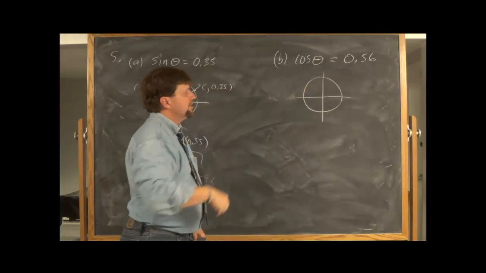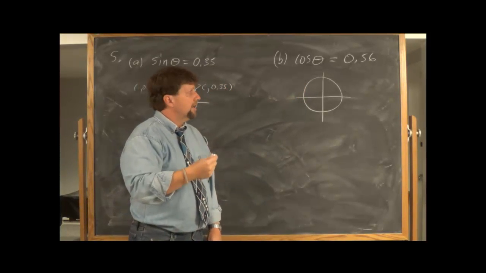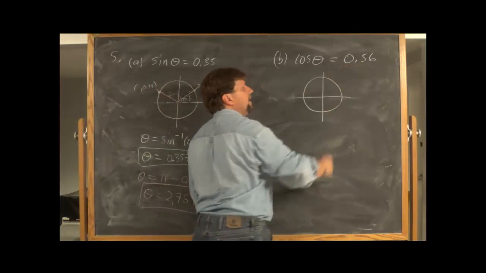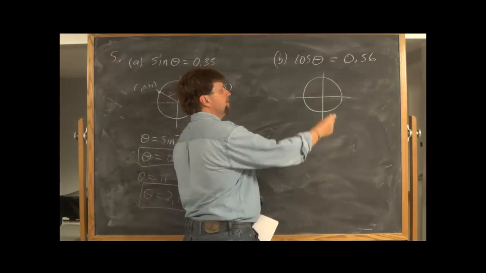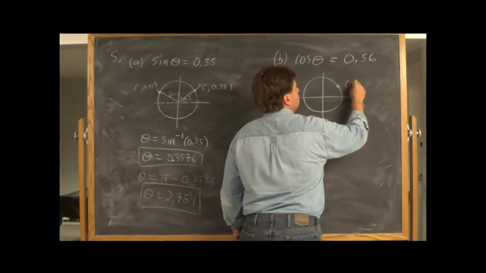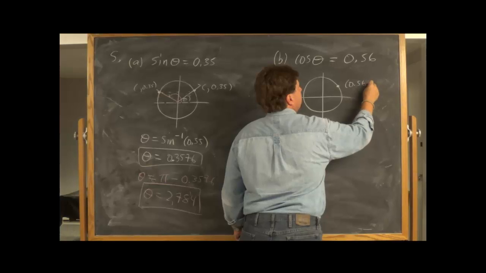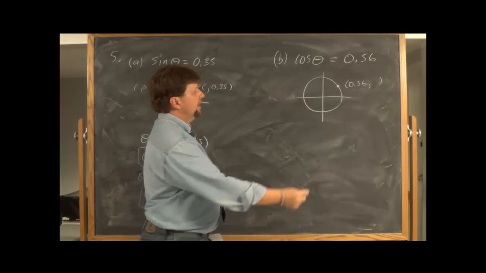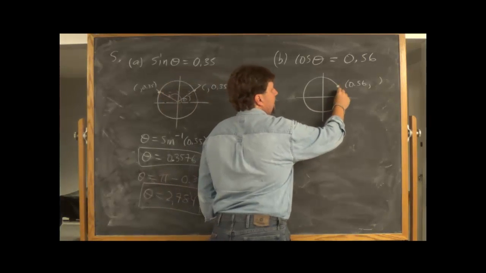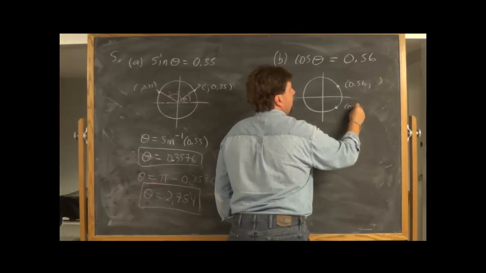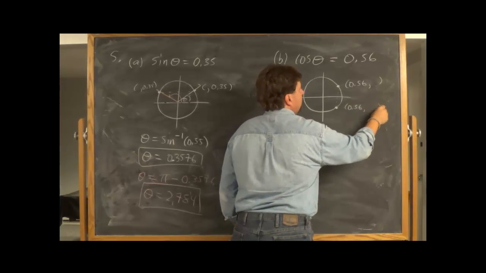Cosine matches up with an x-coordinate. So where in the unit circle will I find an x-coordinate of 0.56? I'm going to say about right here. It's an x-coordinate of 0.56. I don't know what the y-coordinate is. I don't care. And down here, here's another point on the unit circle that would have an x-coordinate of 0.56.